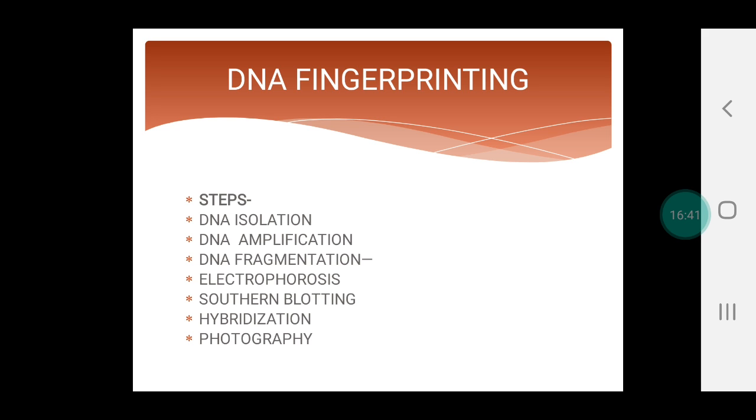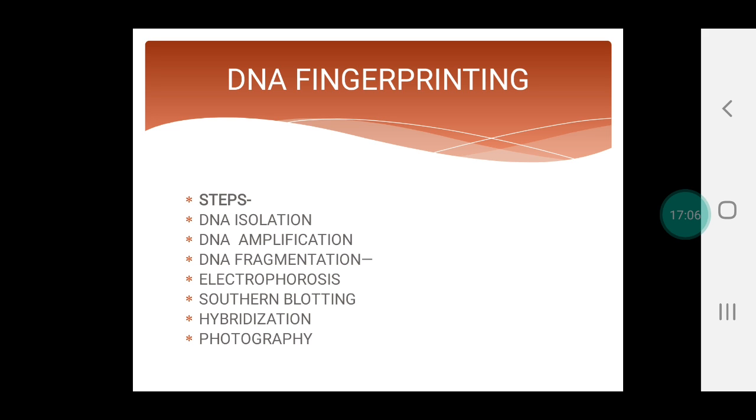Then next is hybridization. Here the bands are flooded with single stranded radioactive DNA probe. A radioactive DNA probe is used. So due to natural affinity, sample DNA and the probe DNA form the double-stranded structure.